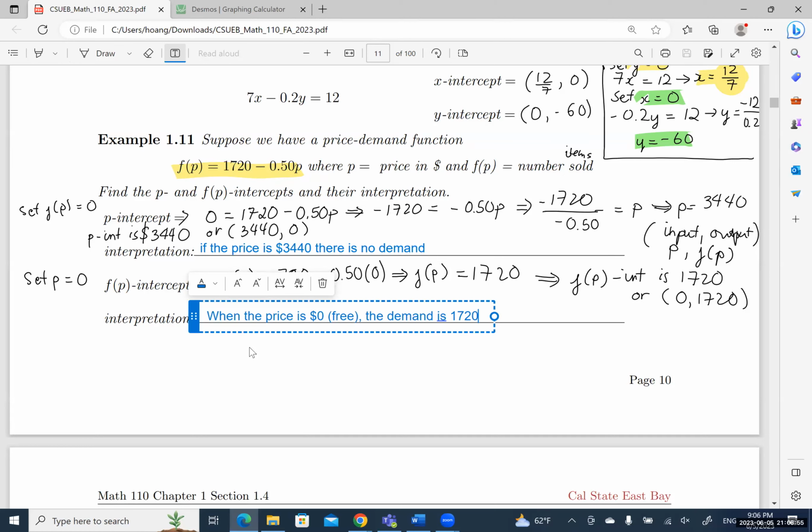I mean, but actually, it's not really real, but you can think like, you know, the maximum you can provide to all the demand is 1,720 items. So there's no way you have more than that, right? Even if it's free.